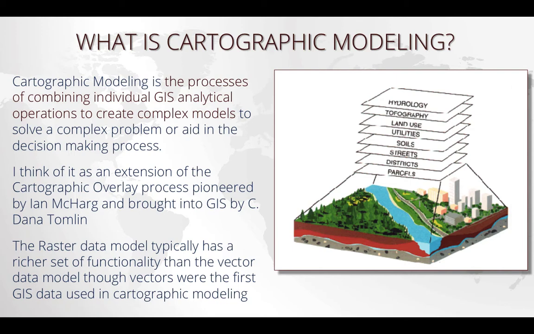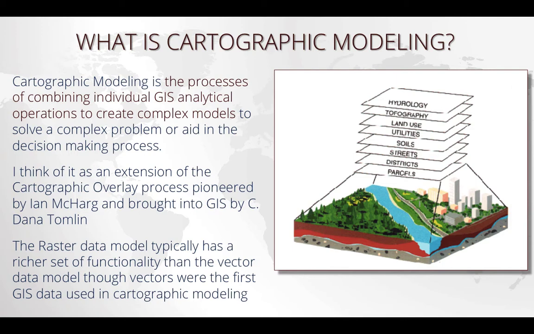I like to think of it as an extension of the map or cartographic overlay process pioneered by Ian McHarg, and again brought into the GIS computational framework by C. Dana Tomlin, who is still a professor of GIS and a really interesting character, by the way.